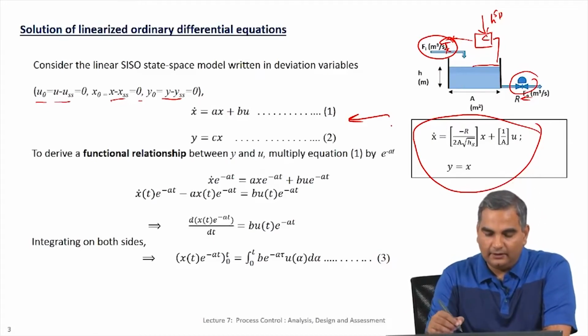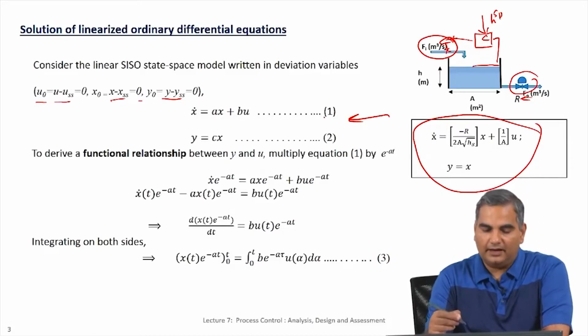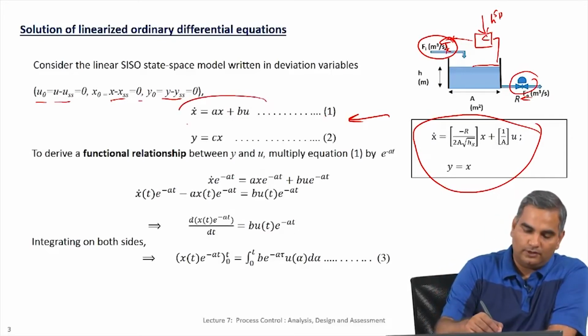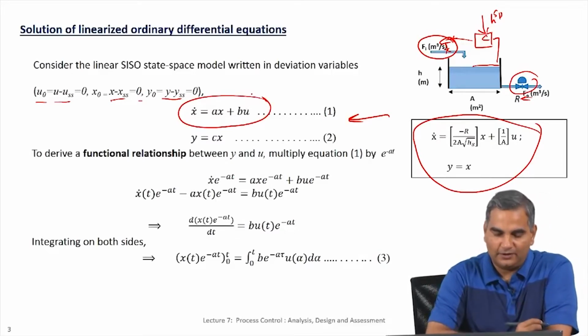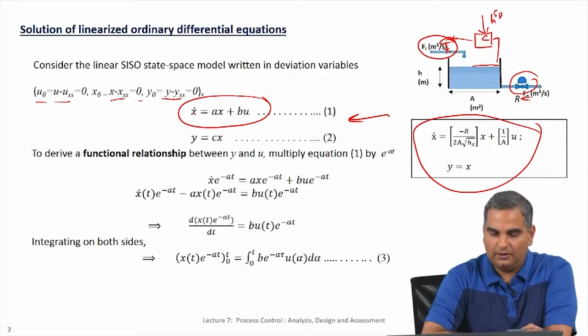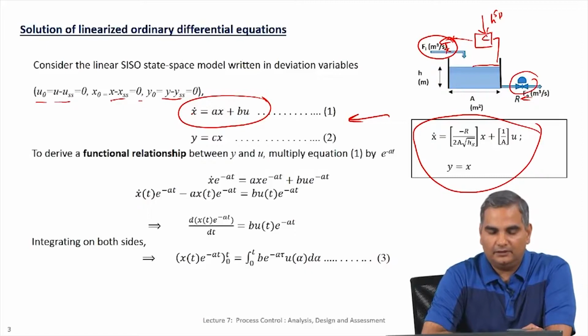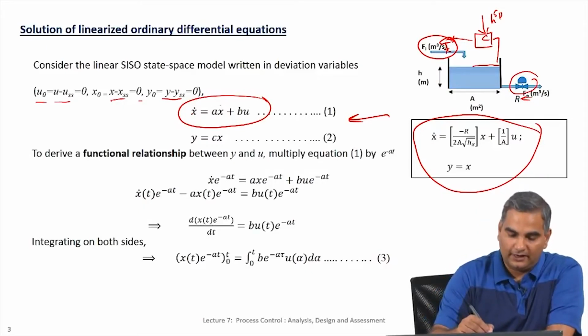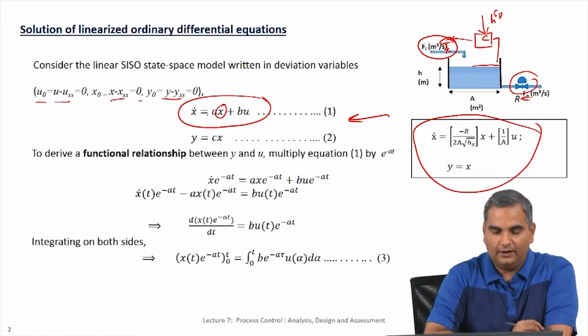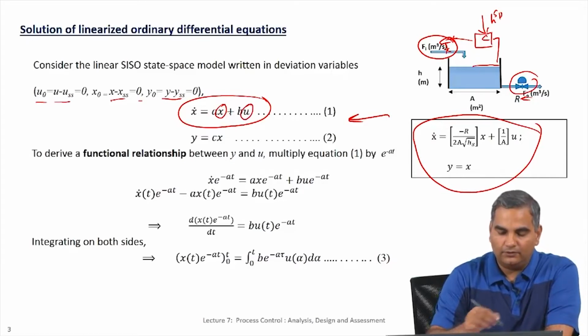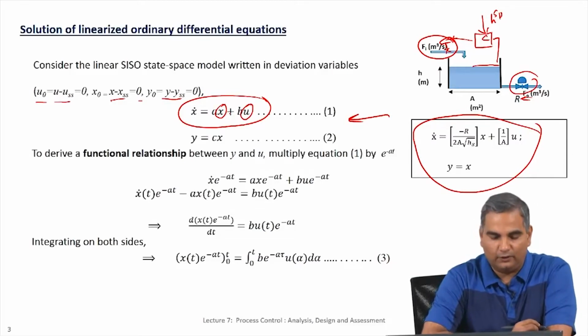In plain language, the rate of change of the state is a function of the current value of the state itself and also this input, which I can manipulate to take any value I want.